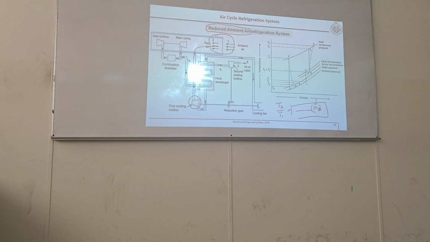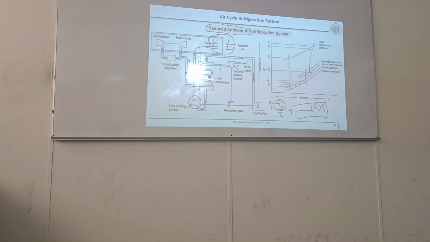So here as the Mach number increases, what happens to this one? It increases. So maybe at a very high velocity, this T2 becomes too high and it cannot cool that fluid effectively. So what we do, we first cool it in a turbine and then we use it in that heat exchanger.